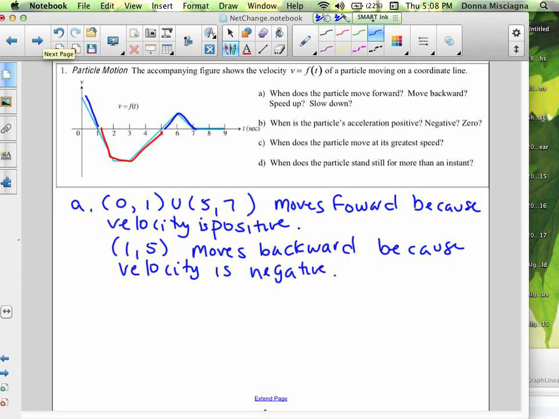Speed up, slow down. All right, so these are slopes, right? So wherever my slope is negative, I'm slowing down. Because whatever the y value is, that's the velocity, that's the speed I'm going.